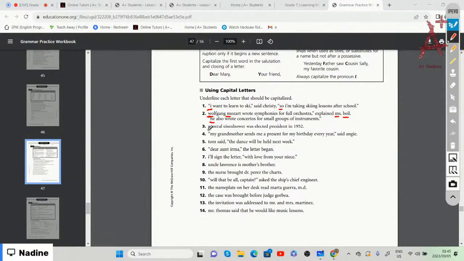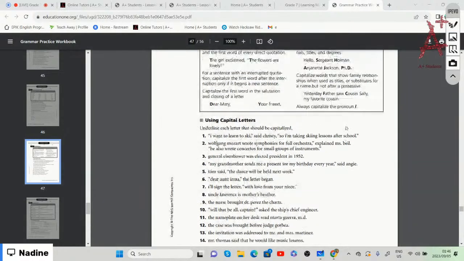And last one, General Eisenhower was elected president in 1952. So G for General and E for Eisenhower, right? Who was elected president in 1953. So what you can do is, for homework, maybe you can continue.